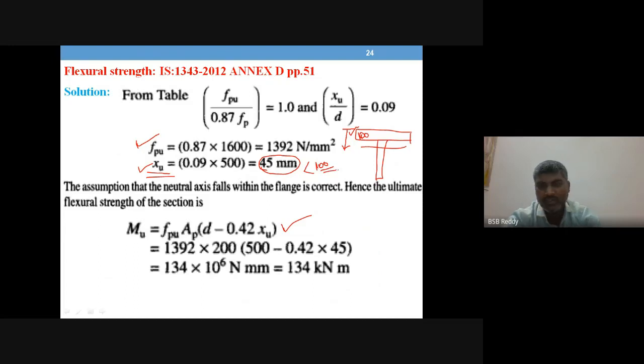So this is very clear. You assume first the neutral axis to fall in the flange and proceed with the simple formula from the IS code. Once you know the XU value, you have confirmation whether the neutral axis is falling in the flange or web. Accordingly, you can change the formula.